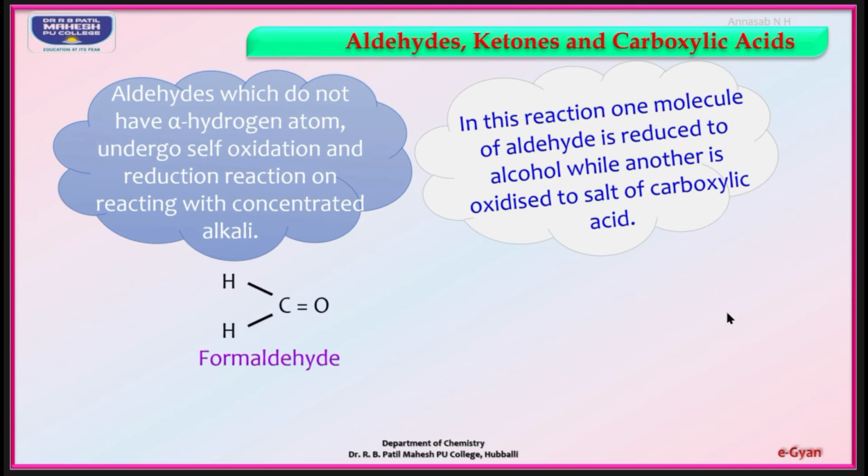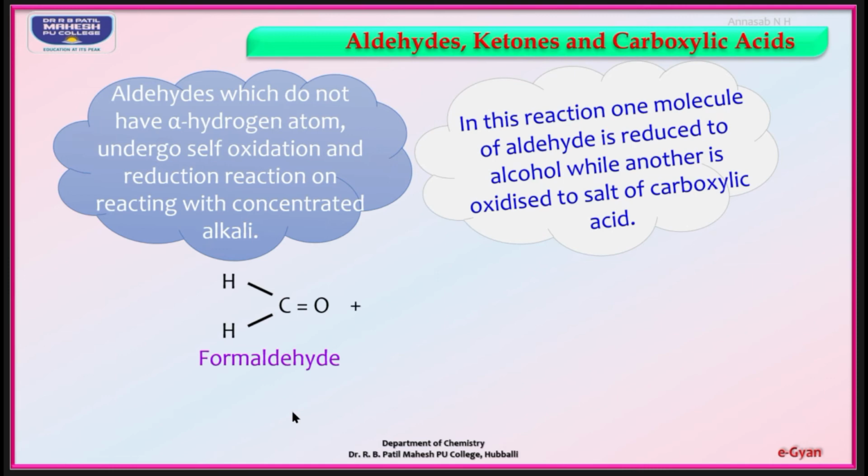Example, formaldehyde, where there are no alpha hydrogen atoms, because the carbon atom which is attached to the carbonyl group is the alpha carbon. As there are no carbon atoms attached to the carbonyl group, there are no alpha carbon atoms and no alpha hydrogen atoms.